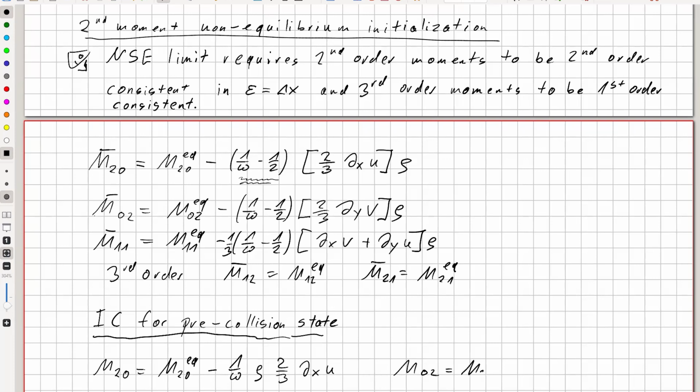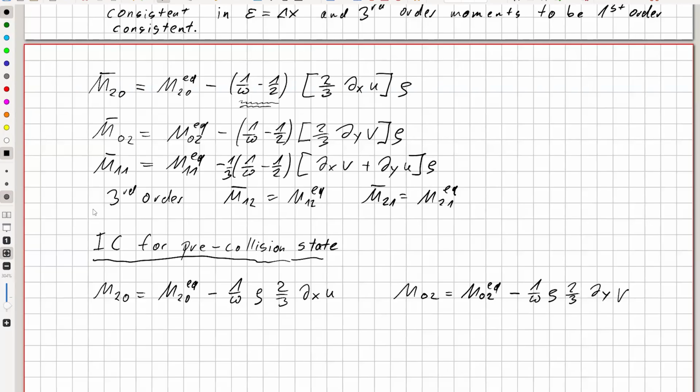M02 equals M02 equilibrium minus 1 over omega rho 2/3 dy v. Did I make it? Yes. And the last one, M11, is M11 equilibrium minus 1/3 omega rho, dx v plus dy u.